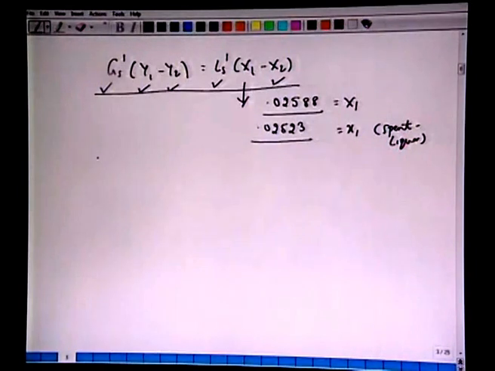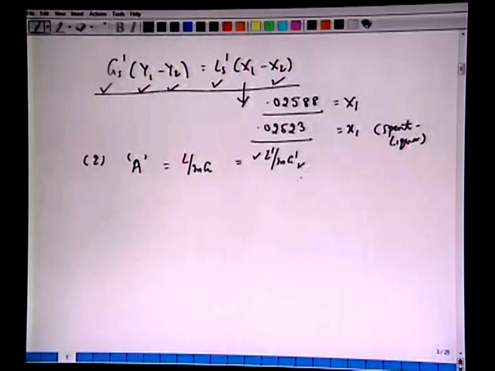Now, let us try to answer the second question, where it says calculate A, the absorption factor, which is nothing but L by mG, all right, and that we can write as L prime by mG prime. So, L prime is known to us, G prime is known to us, okay. We have been asked to calculate this at the location where small x equals 0.02.